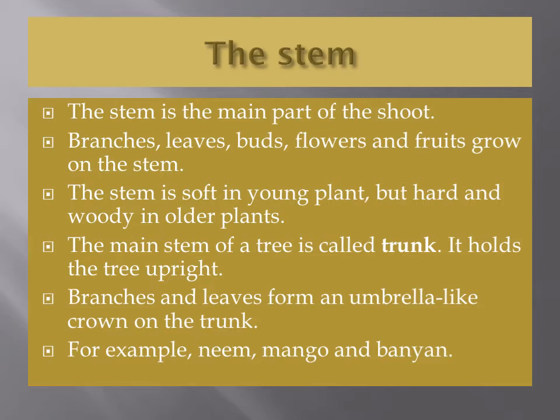The main stem of a tree is called trunk. It holds the tree upright. Branches and leaves form an umbrella-like crown on the trunk. For example, neem, mango and banyan.